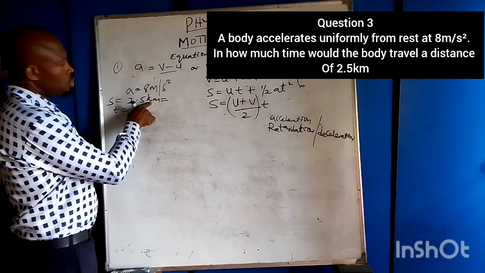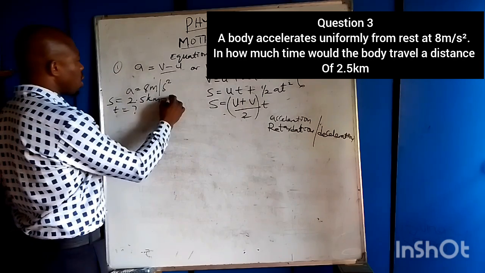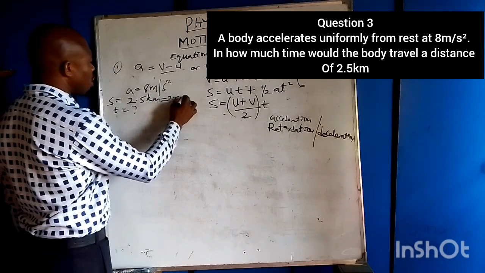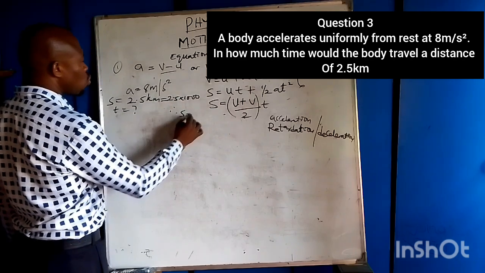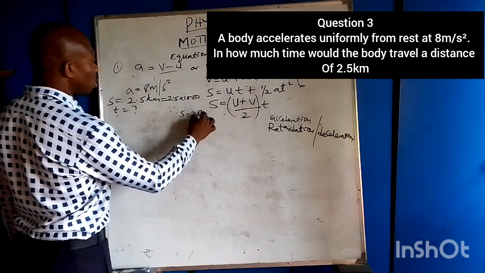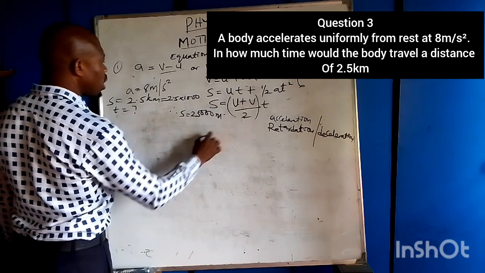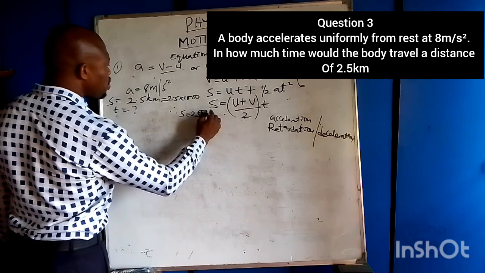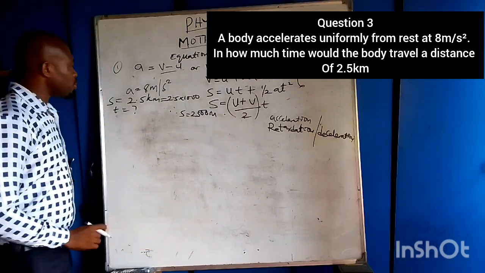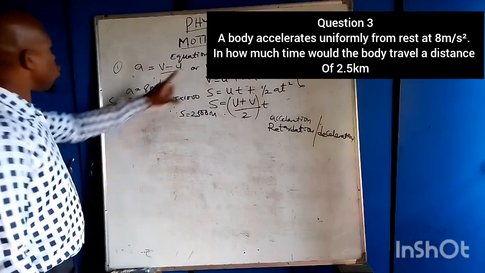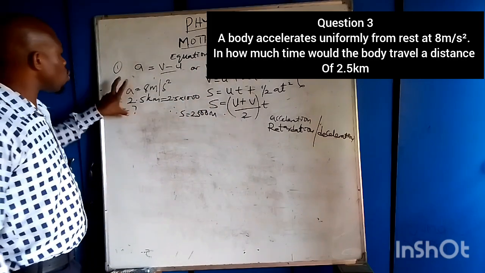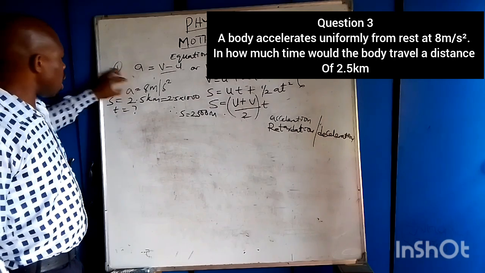Kilo means 1,000, so multiply by 1,000. 2.5 times 1,000, therefore the distance traveled is 2,500 meters.